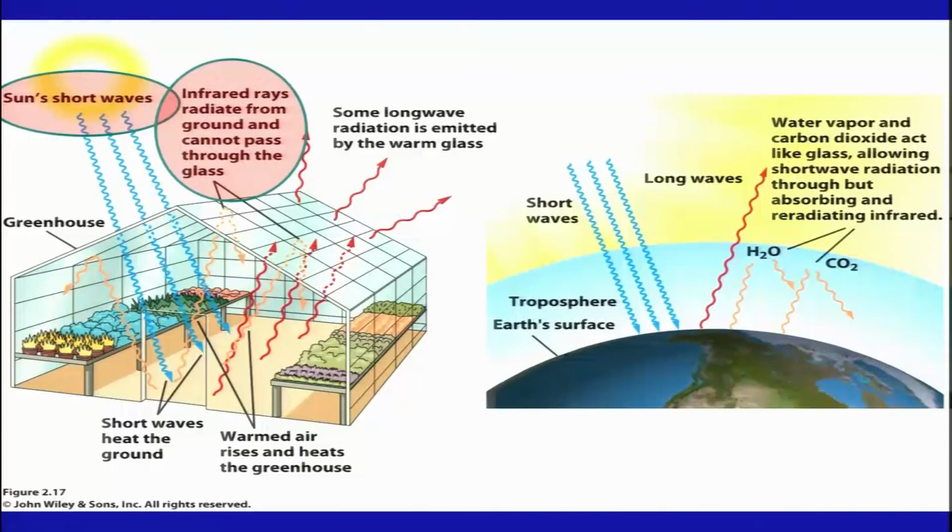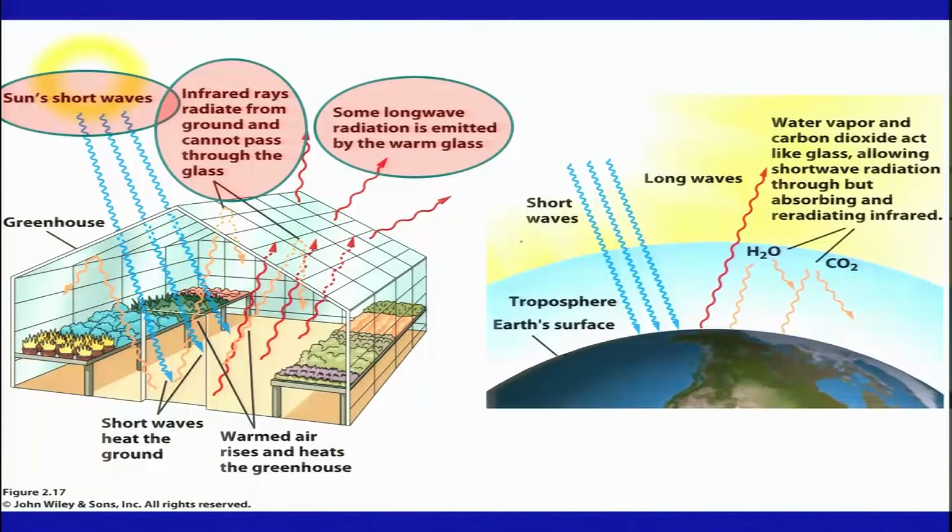So, they are reflected back to the ground, and some long wave radiations are emitted through the warm glass, which will get into the atmosphere.